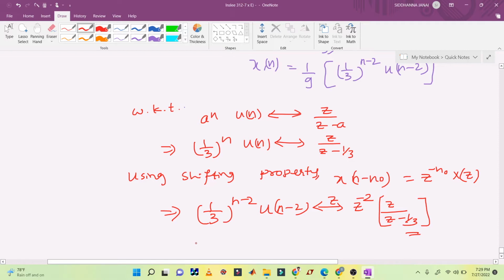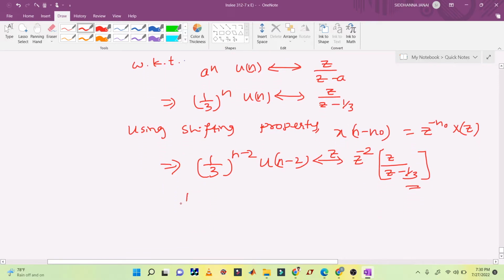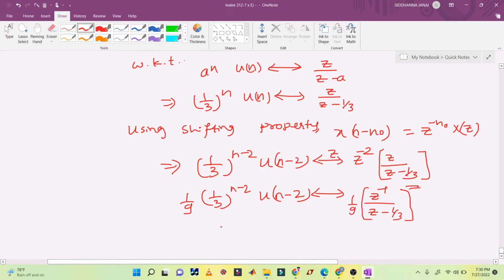Okay, now similarly this part we have solved. Multiplying it by 1 by 9, 1 by 3 n minus 2 u of n minus 2, z transform will be nothing but z to the power minus 2 multiplied by z is z to the power minus 1 divided by z minus 1 by 3, and this is multiplication factor 1 by 9.